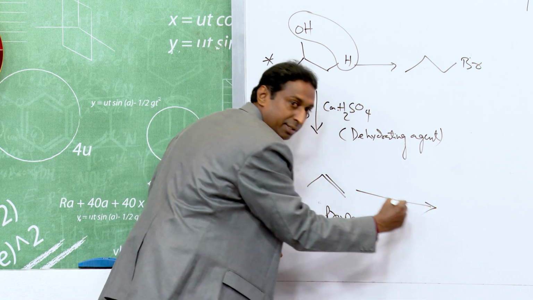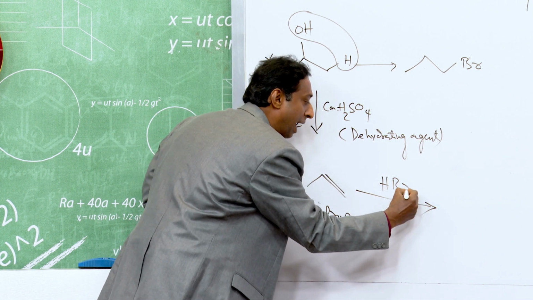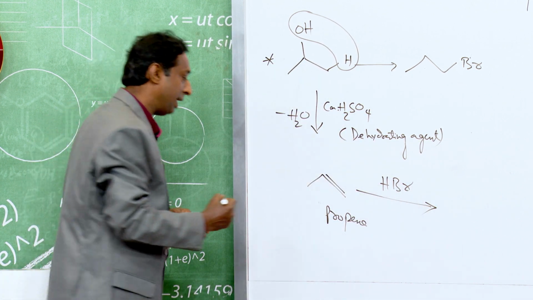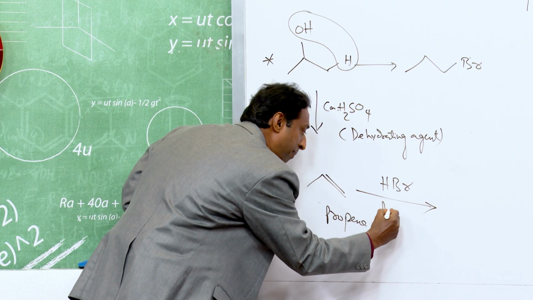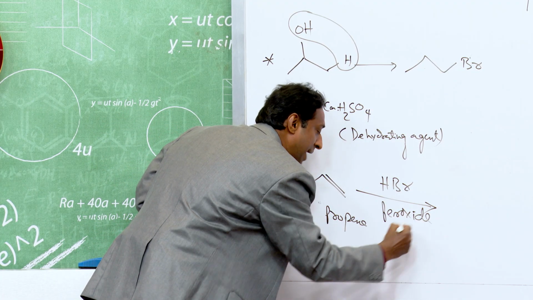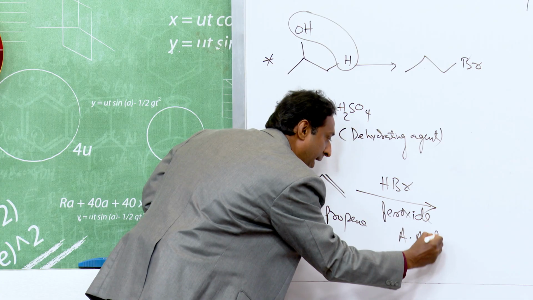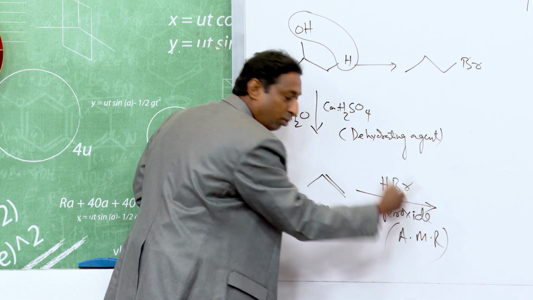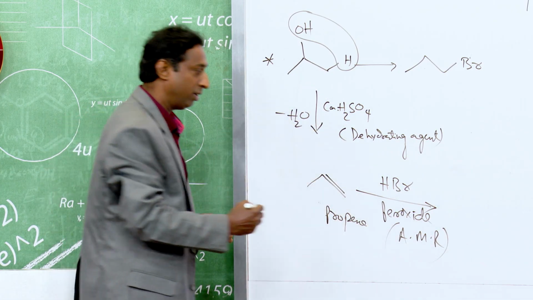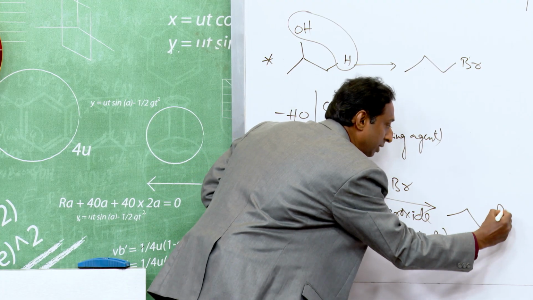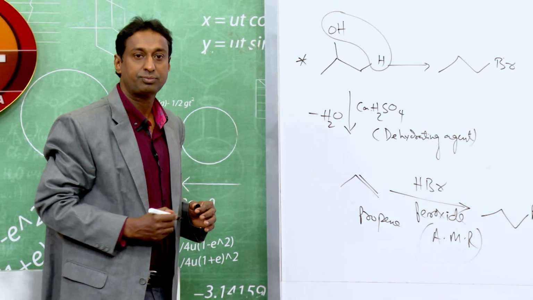Then you add HBr and a peroxide. This is called the anti-Markovnikov rule, AMR: addition of HBr in the presence of peroxide. Then you get this compound.